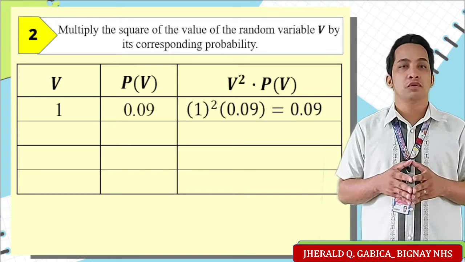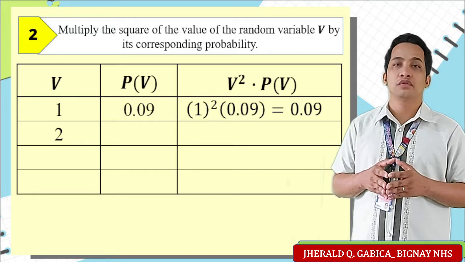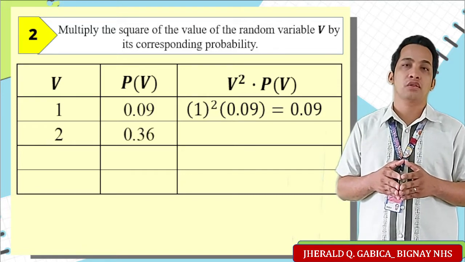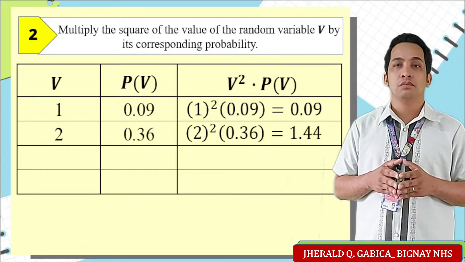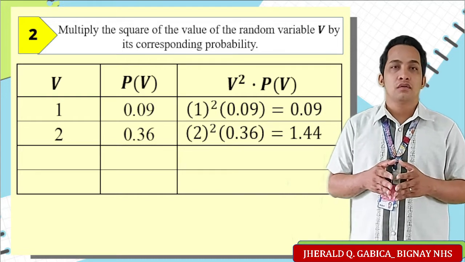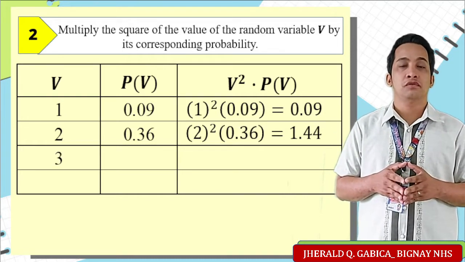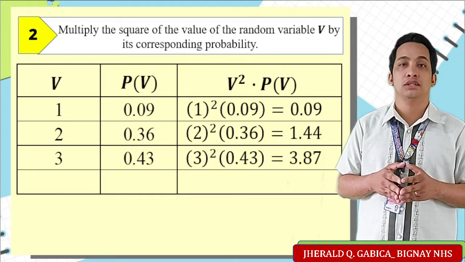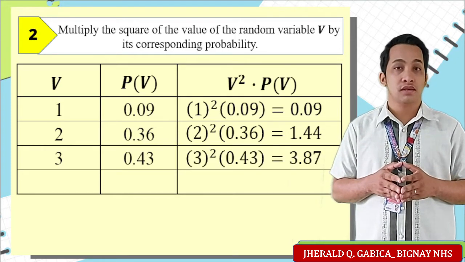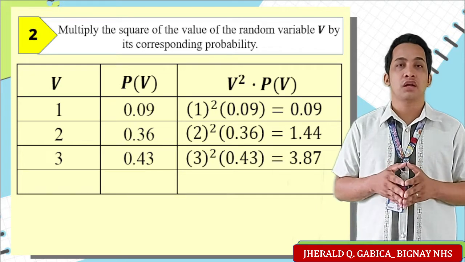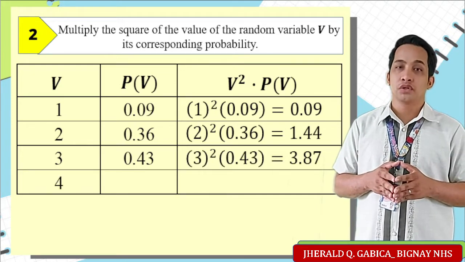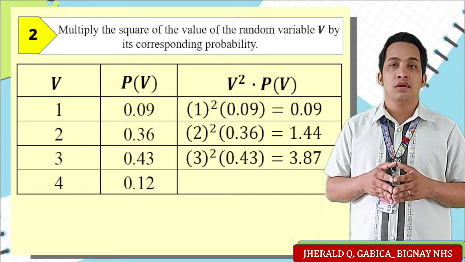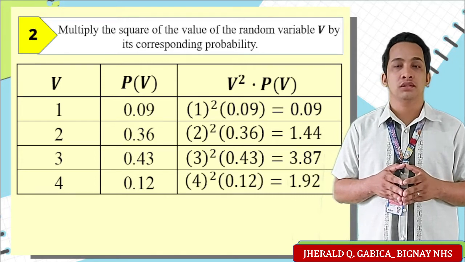For the random variable 2, we have 2 squared times 0.36 equal to 1.44. For random variable value of 3, we have 3 squared times 0.43, and that is 3.87. And for random variable 4, we have 4 squared times 0.12, that is equal to 1.92.